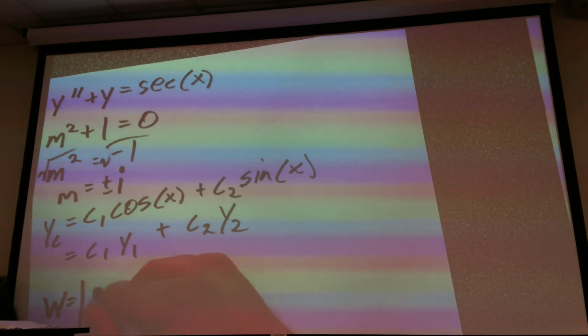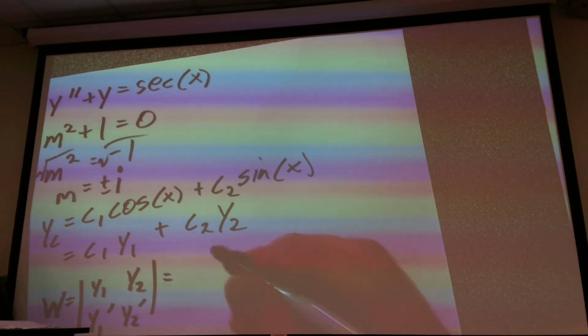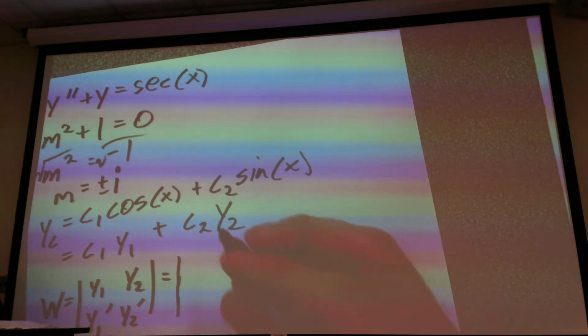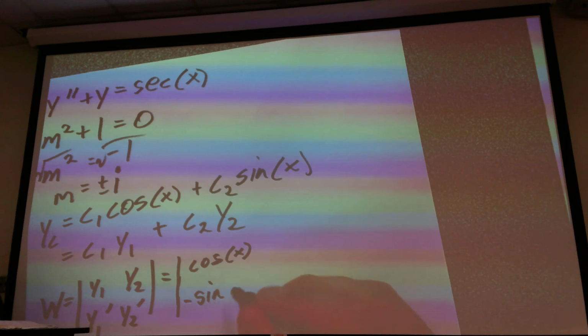Now remember, this is y1, y1 prime, y2, y2 prime. So y1 is cosine of x, and the derivative of cosine is negative sine of x.